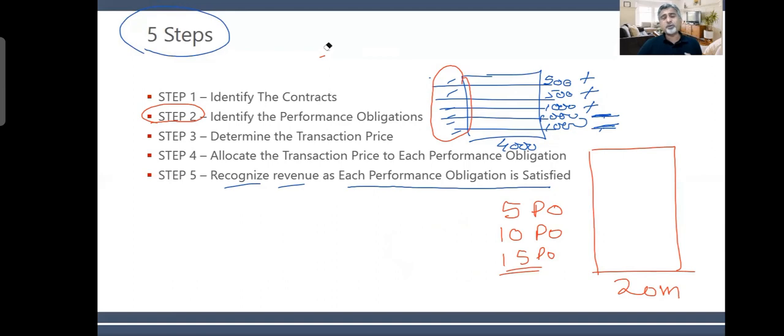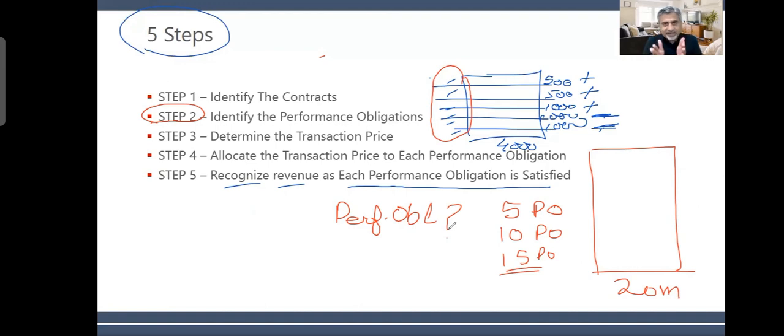But before you decide on the number of performance obligations, you need to understand what could be classified as a performance obligation. So I tell you, remember, the rule is any activity which you perform or which somebody performs for you, which could be consumed or used or get benefit by the client.